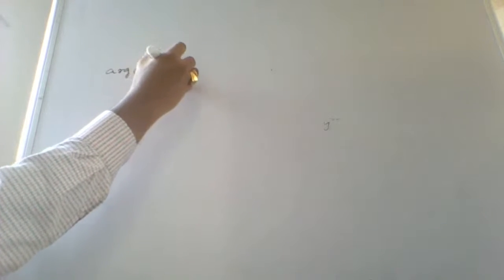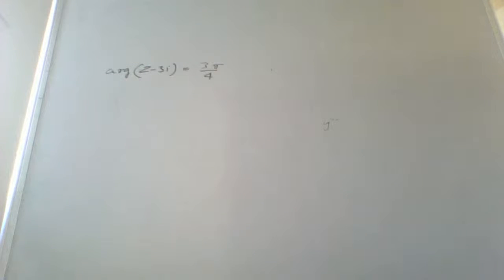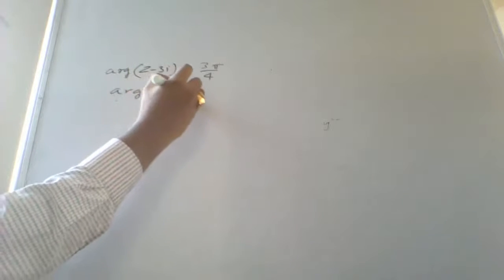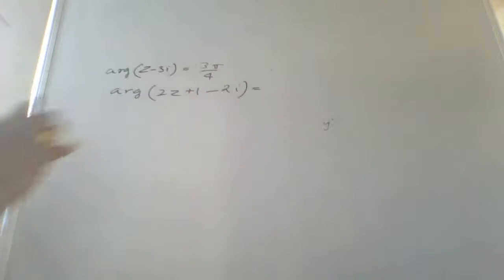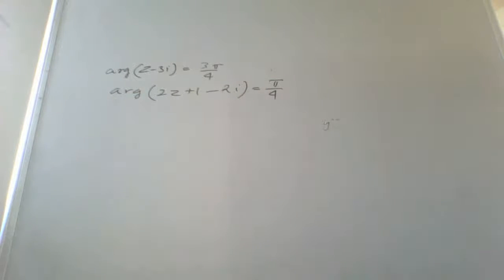The point of intersection of the curves: arg of (z minus 3i) is equal to 3 pi by 4, and arg of (2z plus 1 minus 2i) is equal to pi by 4. What is the point of intersection here?